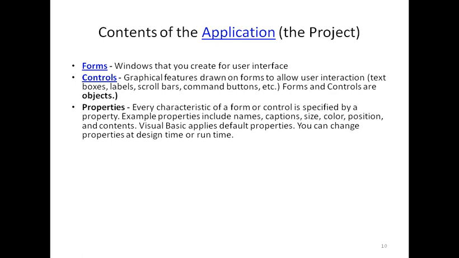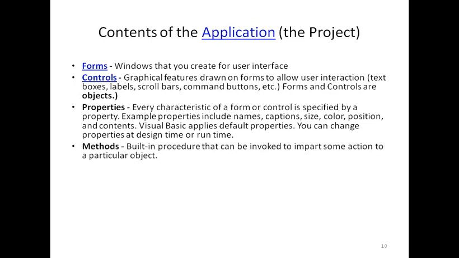Properties: every characteristic of a form or control is specified by a property. Example properties include names, captions, size, color, position, and contents. Visual Basic applies default properties, but you can change the default value at design time or run time.